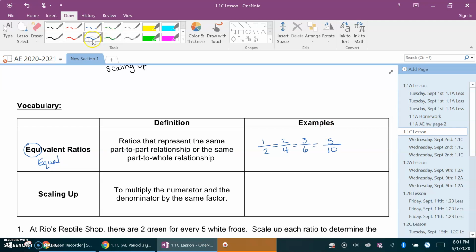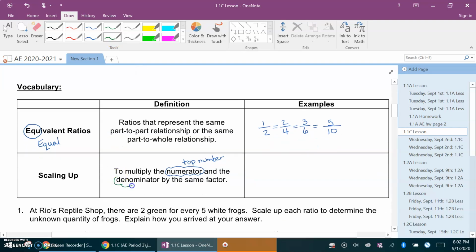So in order to scale up, we are going to multiply the numerator. Just in case we forgot that over the summer, this is our top number. And the denominator, which is our bottom number, by the same factor.